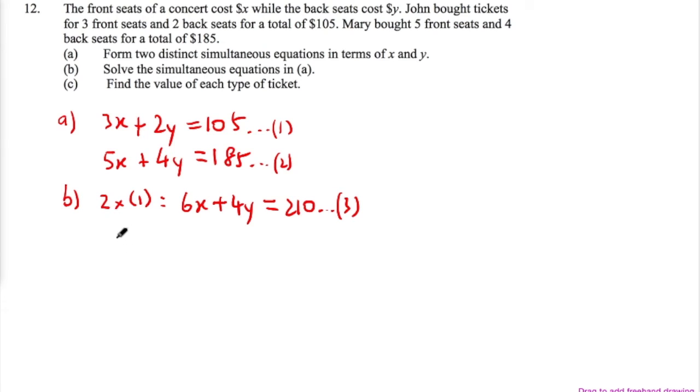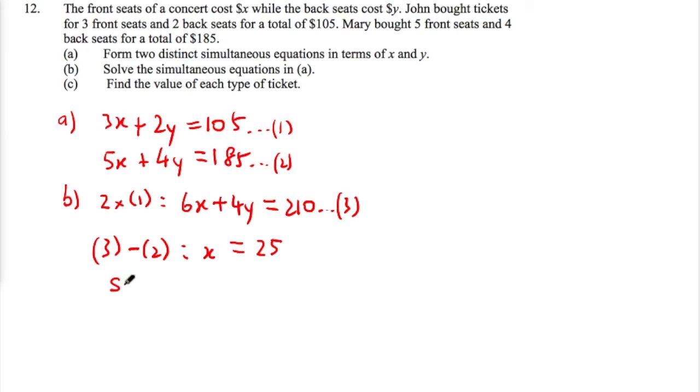We can subtract equation 2 from 3. That is equation 3 minus 2. 6x minus 5x is x. 4y minus 4y is 0. 210 minus 185 is 25.